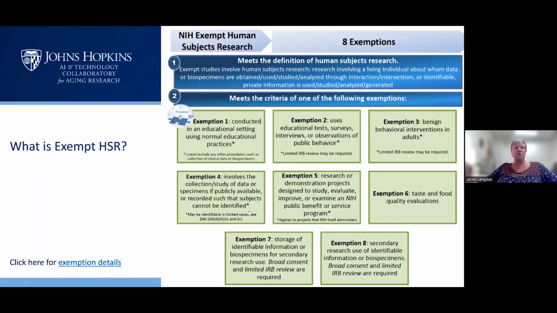But I'm going to call your attention to exemption 4. Exemption 4 talks about de-identified data. So many of you may think, I don't really need to know who the people are that are in this research. Maybe my protocol can be exempt because my data is de-identified.